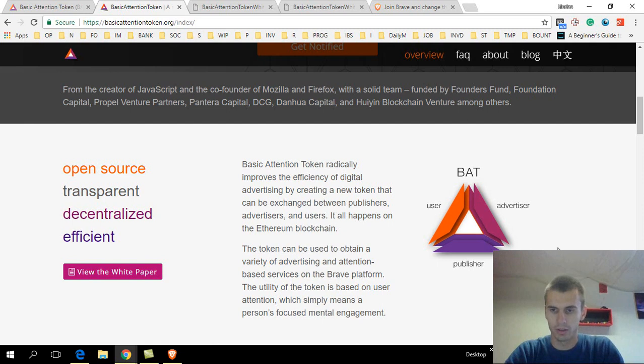For advertisers, there's a huge problem of malicious clicks, bots, etc., and a huge percentage of advertising budgets goes to these fake clicks, and they are not getting real people to see their advertisements and their products. From the publisher side, when users start to block all the ads, publishers lose revenue, and they can't provide great content because they're not getting any revenue.